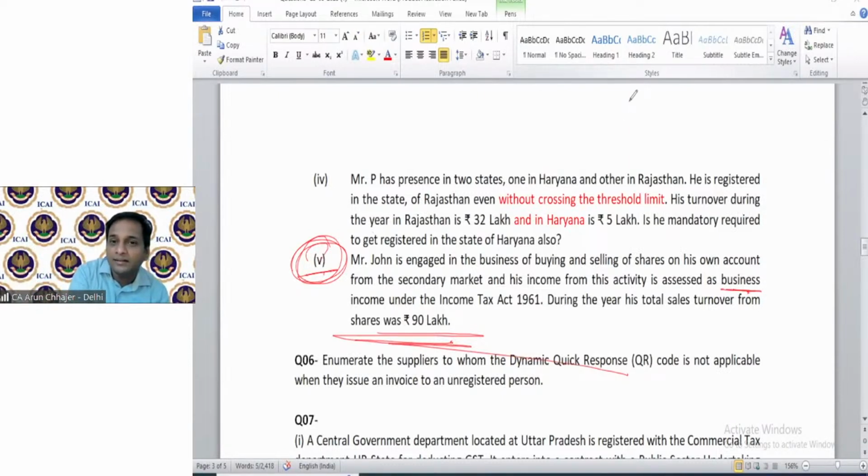If you are engaged in the buying and selling of securities, money and security are neither goods nor services. Neither goods nor services. And therefore, even if this is considered as business income, it is immaterial, he is not liable to take registration.